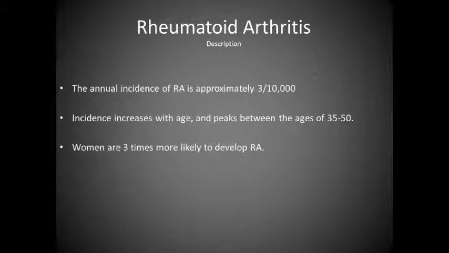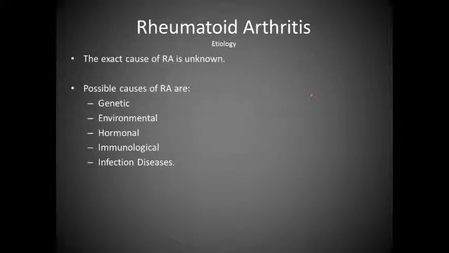So, because of increasing age, we see that many times this is the area of life in which this starts taking effect. And it's interesting that women are 3 times more likely to develop rheumatoid arthritis than men are. So it's less common in men than it is in women.